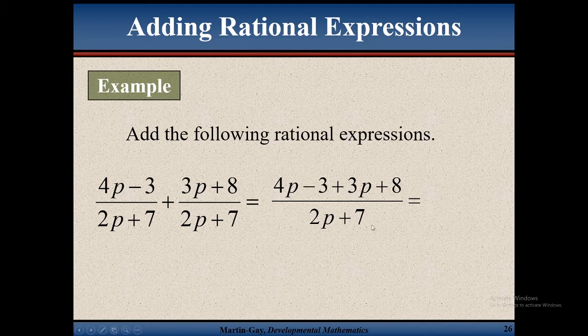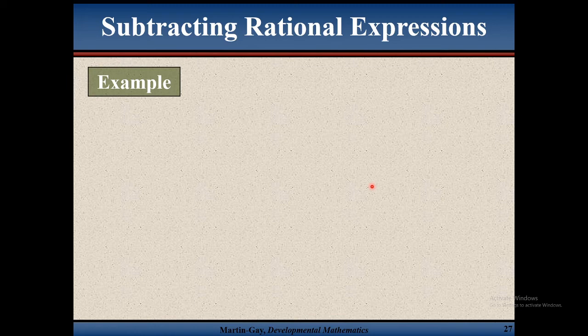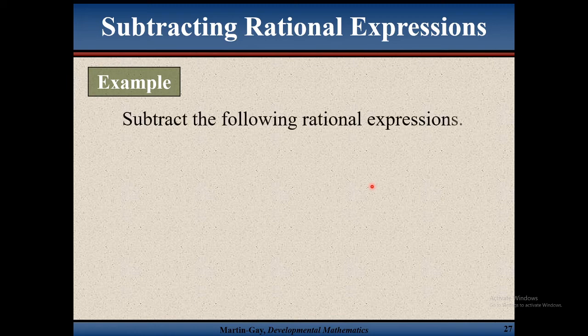Then 2p plus 7 divided by 2p plus 7 is 1 times 4p minus 3, so that's 4p minus 3, and then 2p plus 7 divided by 2p plus 7 times 3p plus 8 is 3p plus 8, making our answer 7p plus 5 over 2p plus 7.